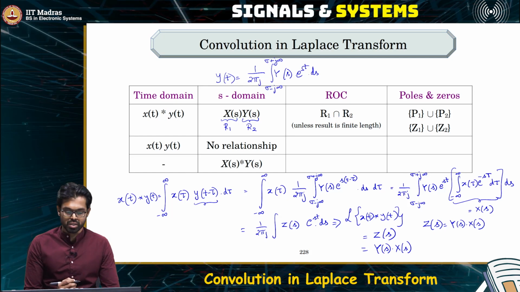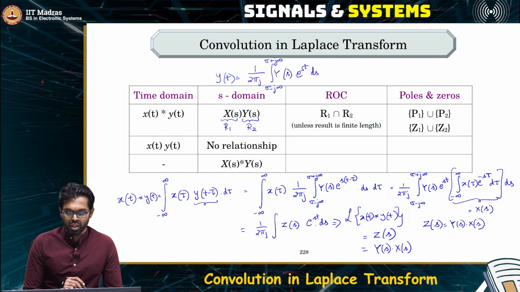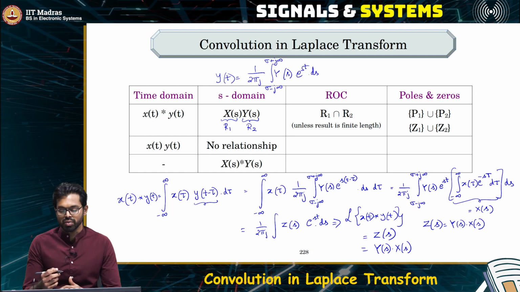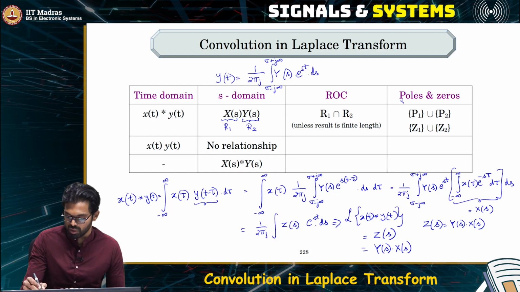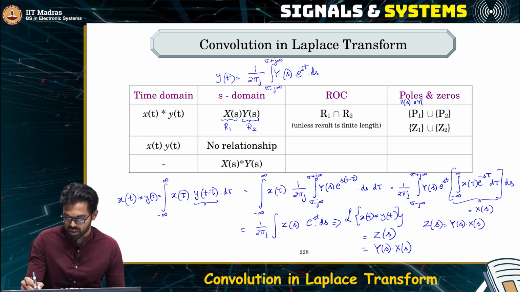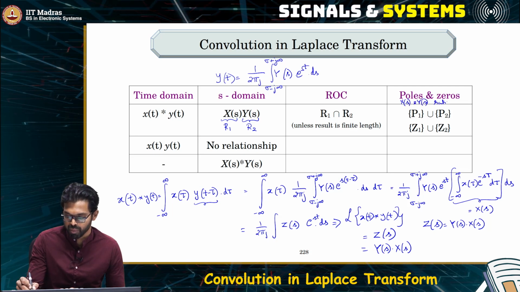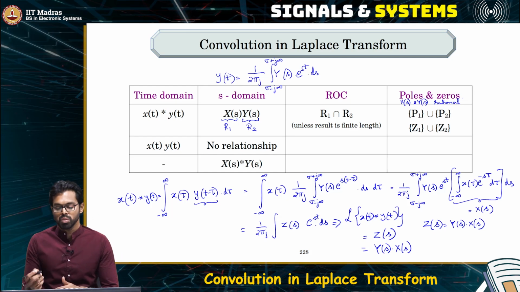What happens to the poles and zeros? Now, if X of s and Y of s are rational, what happens to the product?